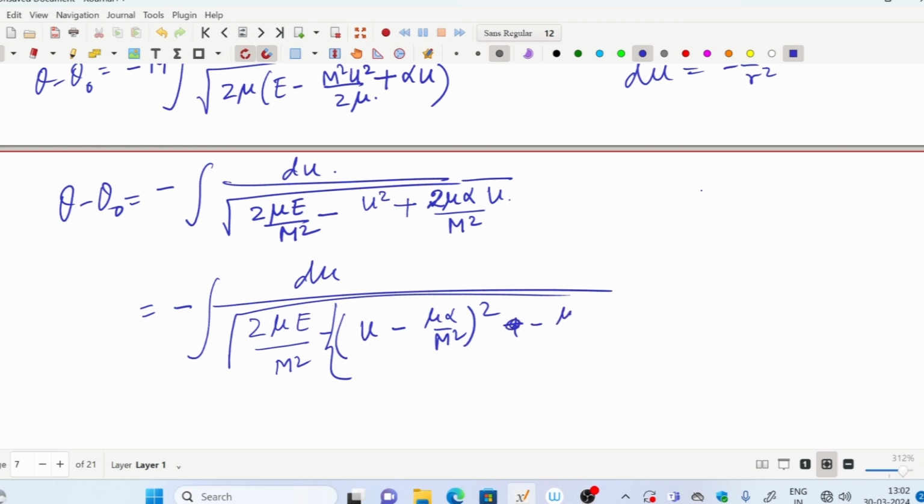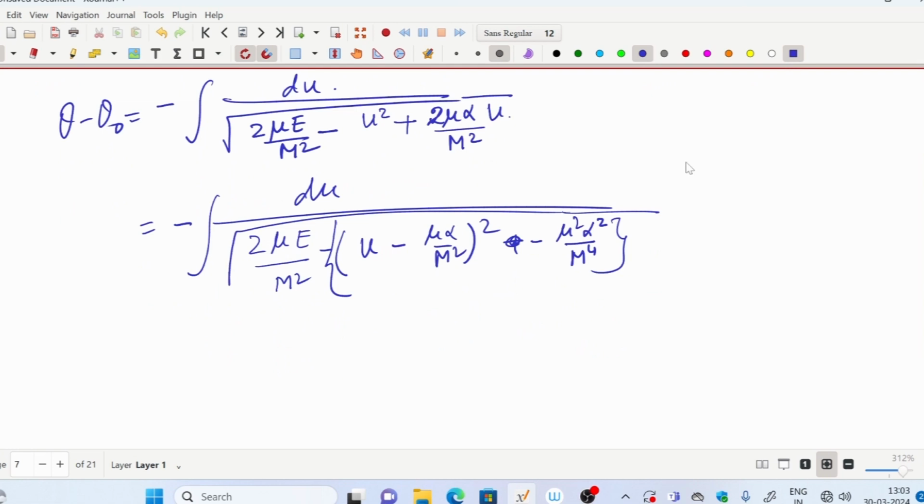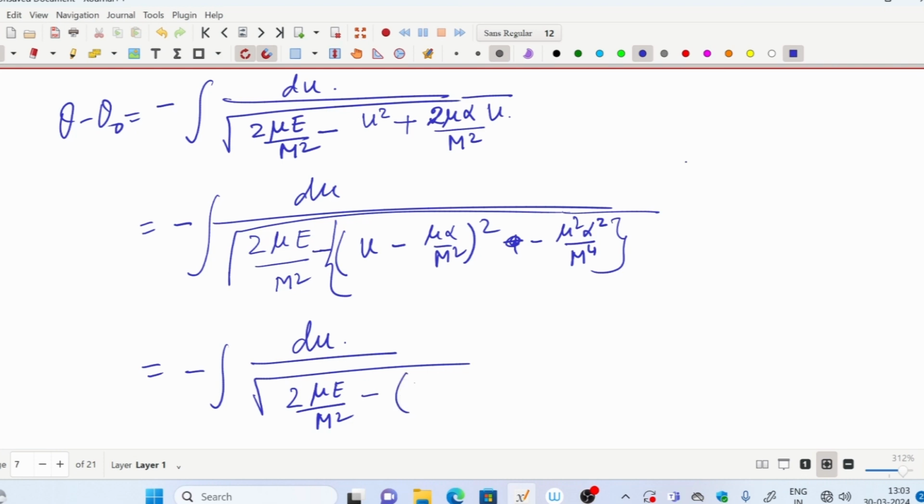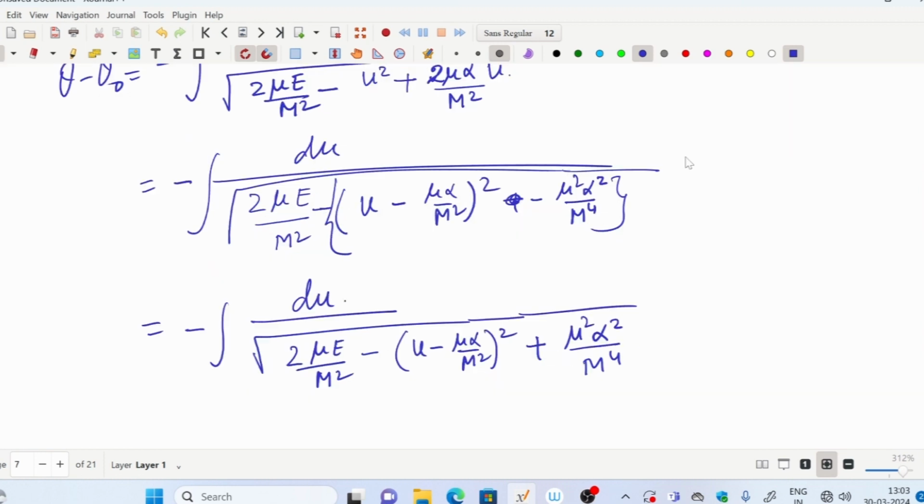So this is minus du over root of 2 mu E by m square, minus, do not forget, u minus mu alpha by m square whole square, and minus minus plus alpha square mu square by m to the power 4, okay, good.